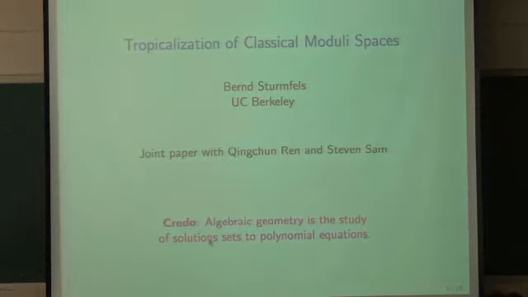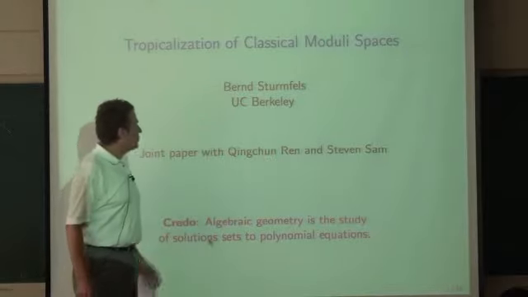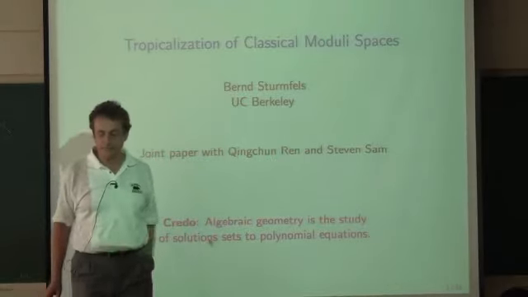I'd like to explain the title, Tropicalization of Classical Moduli Spaces. I'm going to do that in 3 stages. First I'm going to explain tropicalization. Then I'm going to explain moduli spaces. And then I'm going to explain classical. Everything I say today is in a paper with this title with these two co-authors, Jinchang Ren and Stephen Sam.